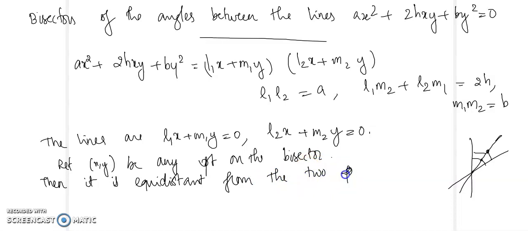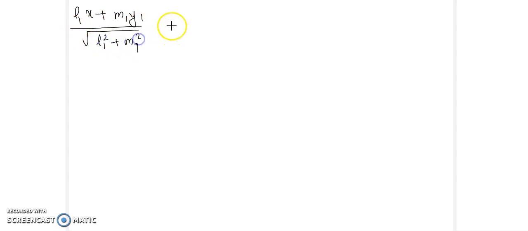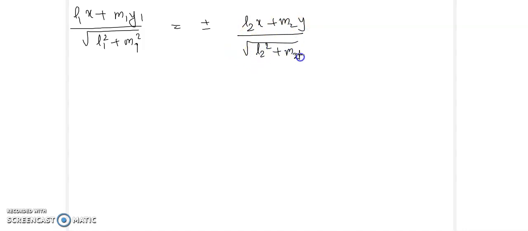So the perpendicular distance to this line will be L1x plus M1y by root of L1 square plus M1 square. So that will be equal to plus or minus L2x plus M2y by root of L2 square plus M2 square.